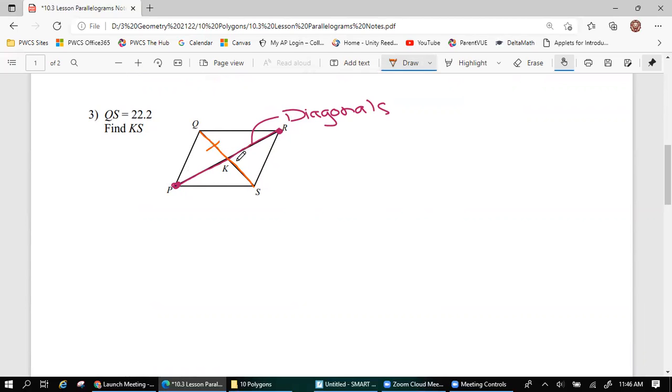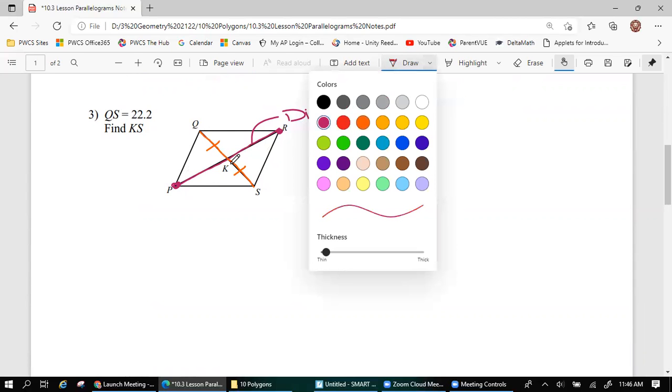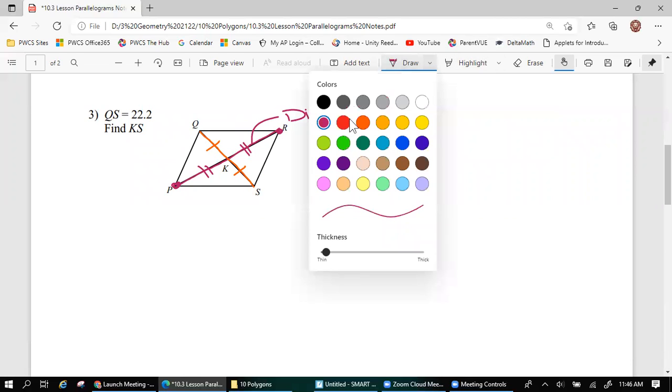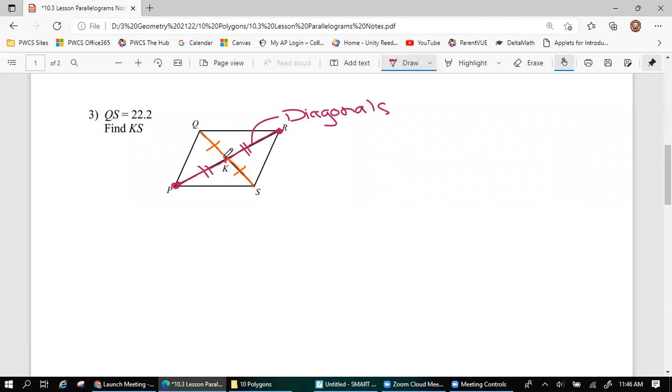So what we get are two segments here that are congruent and two segments here that are congruent. They're not necessarily the same as each other, but I know that QS gets broken into two congruent pieces, and PR gets broken into two congruent pieces. This point right here ends up being the midpoint of both diagonals.